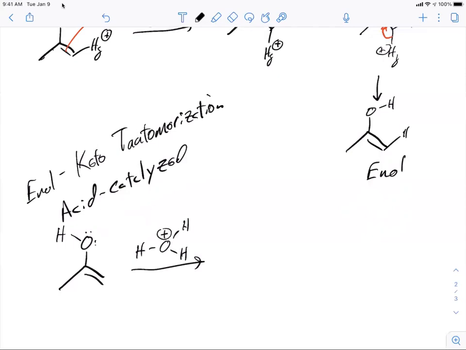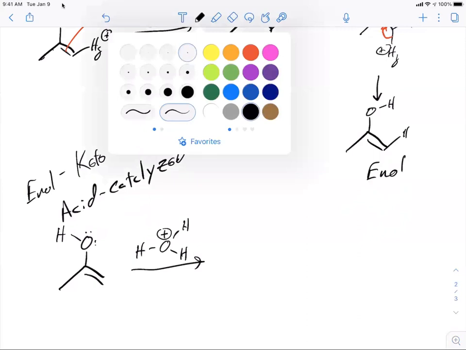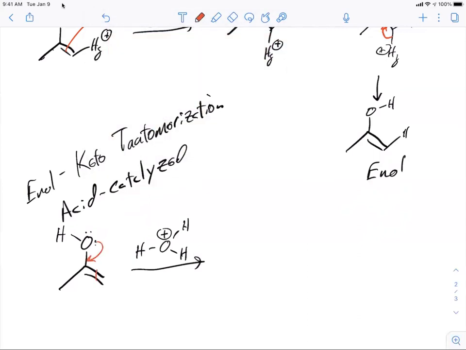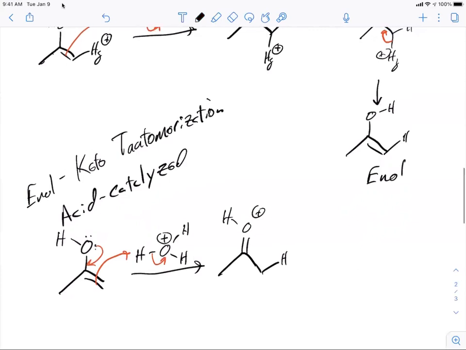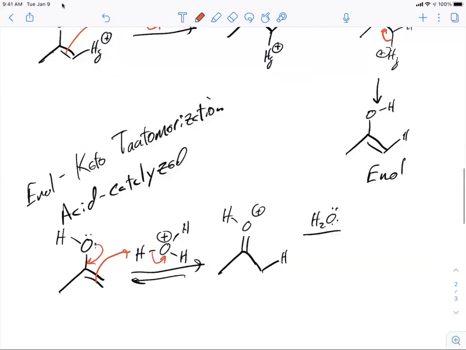There's a couple of ways you could show this, but it turns out that this reaction is the predominant change. So we picked up a proton there, right? And then we get a proton transfer. So it's acid catalyzed, we get a couple of proton transfers, picks up the proton there, giving us the neutral ketone.